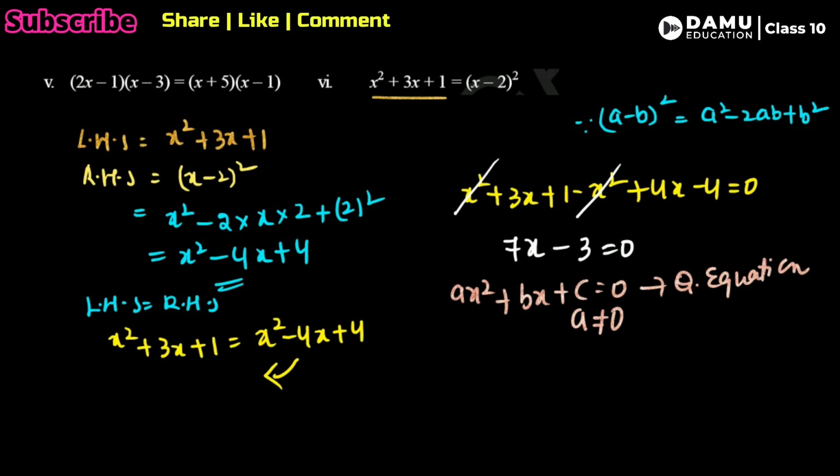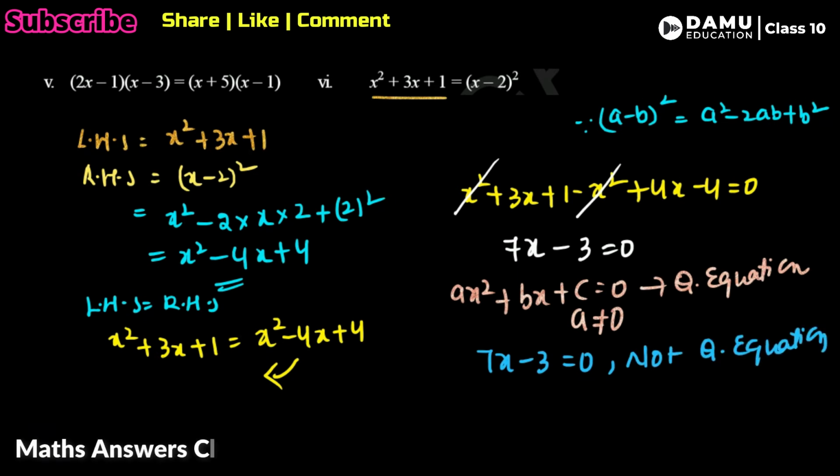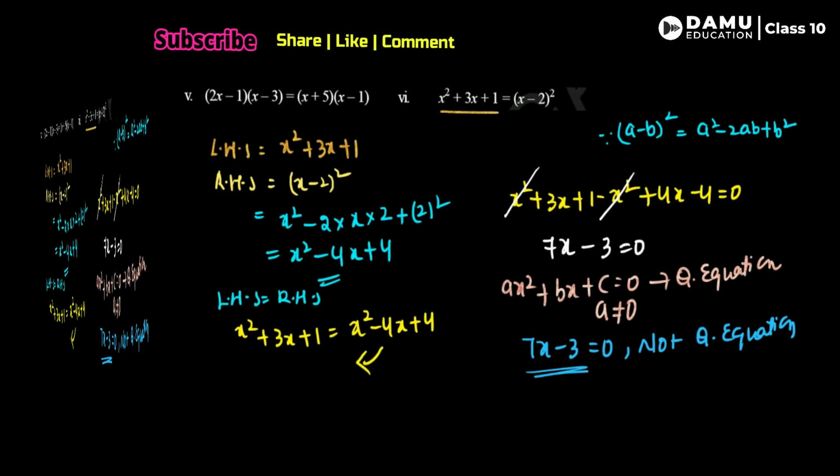So 7x minus 3 equal to 0 is not a quadratic equation, because there is no x square term. The degree should be 2, then only we can say quadratic equation. So x square plus 3x plus 1 equal to (x minus 2) whole square is not a quadratic equation. Like this we have to find it. Now we'll see the next one.